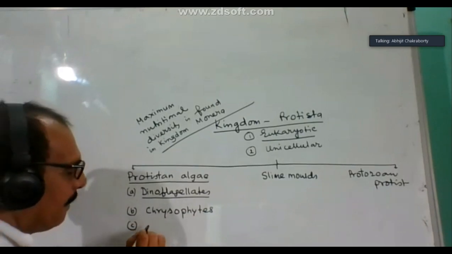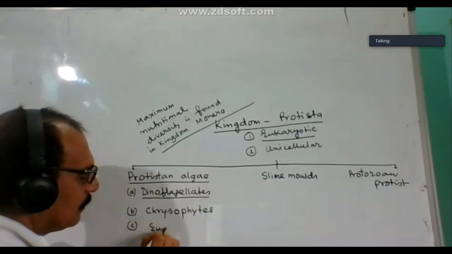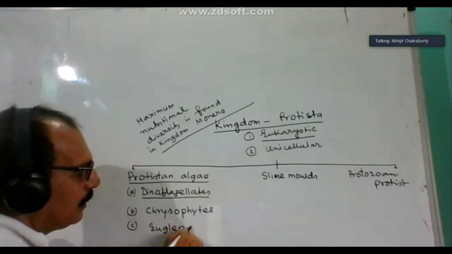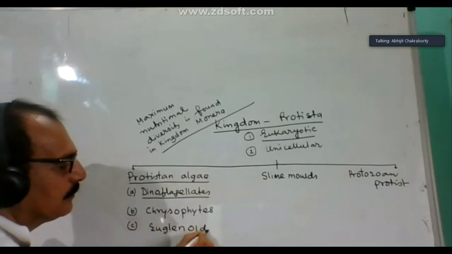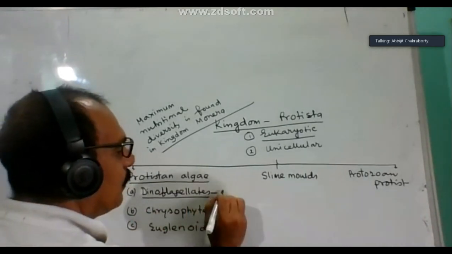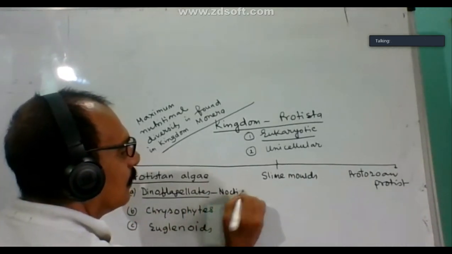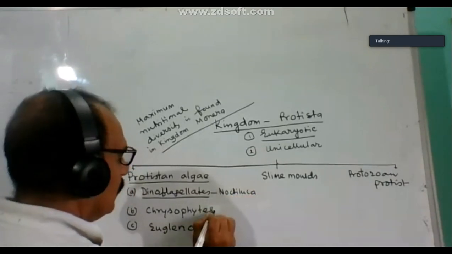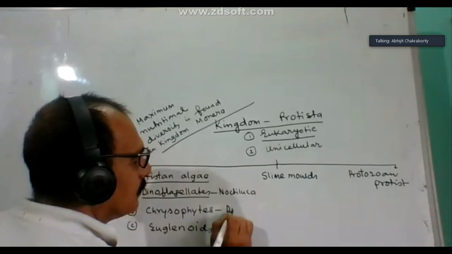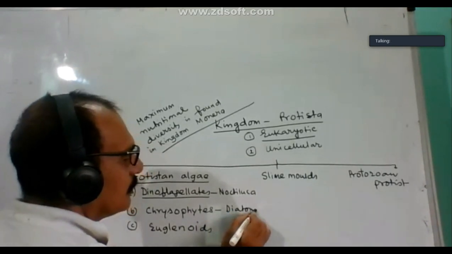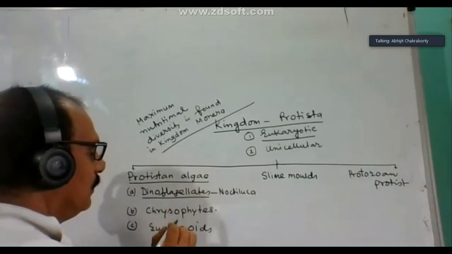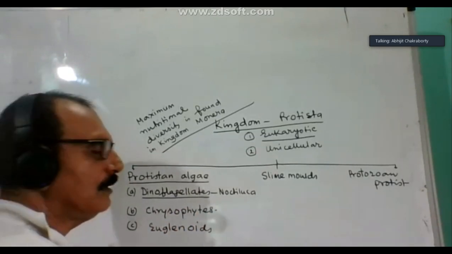Three, euglenoid. Suppose, for example, Noctiluca. Suppose actually, you know, what are the diatoms? You see, there are two types. I'll explain them later on. Again, golden brown and golden diatom.